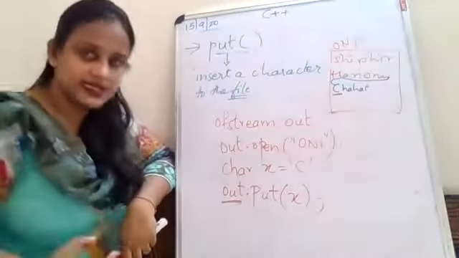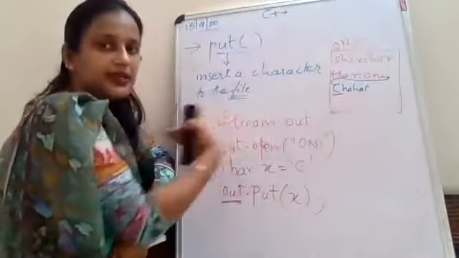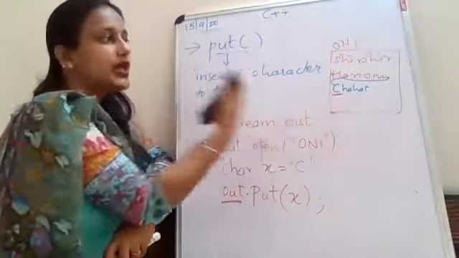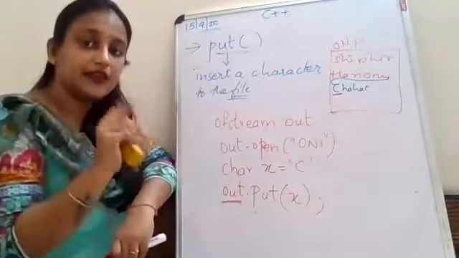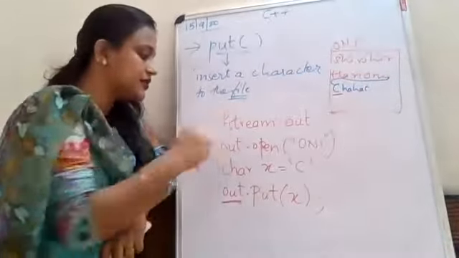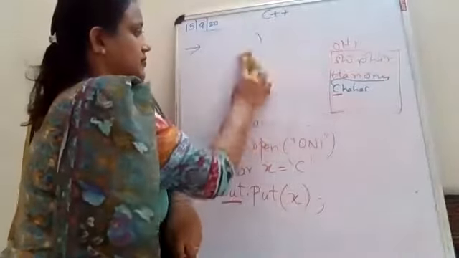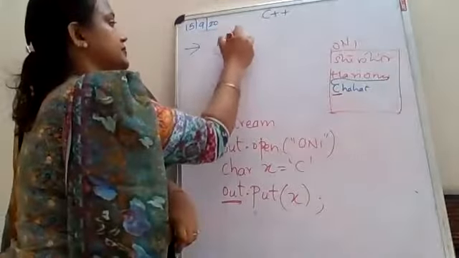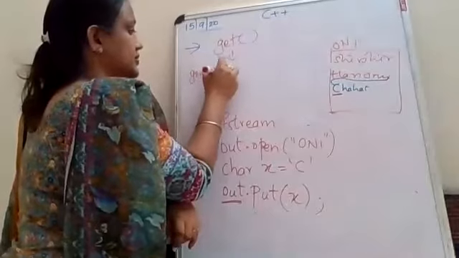Now what is get? Get means I want to take the data from that particular file. So if I want to take the data from that particular file, if you remember, ifstream is used.